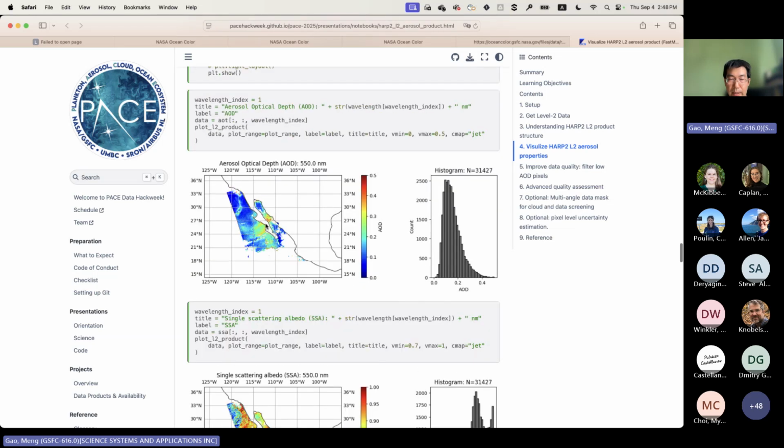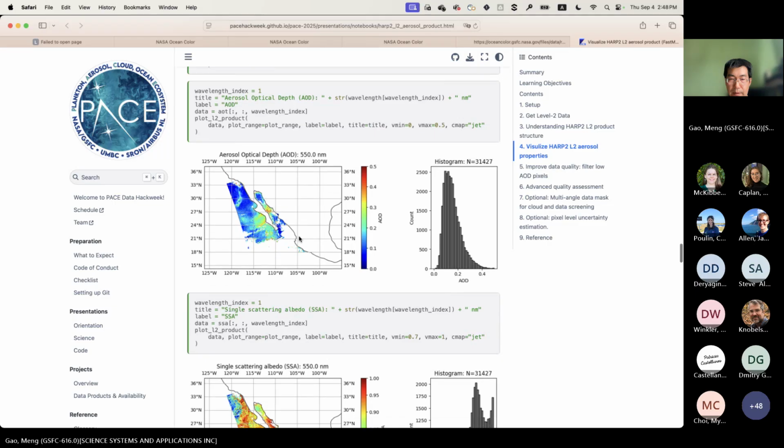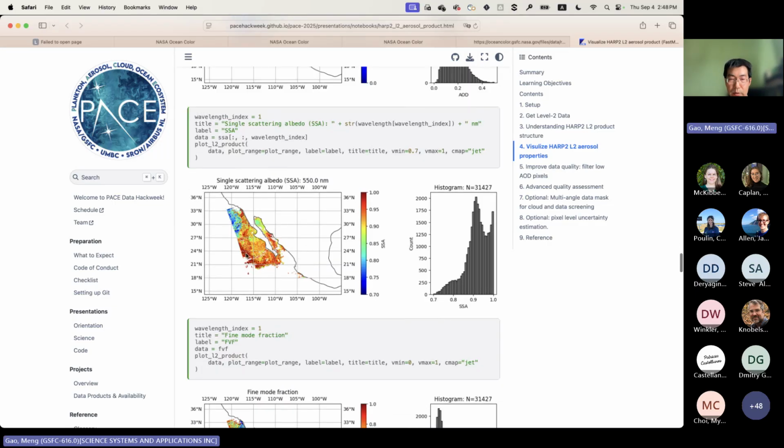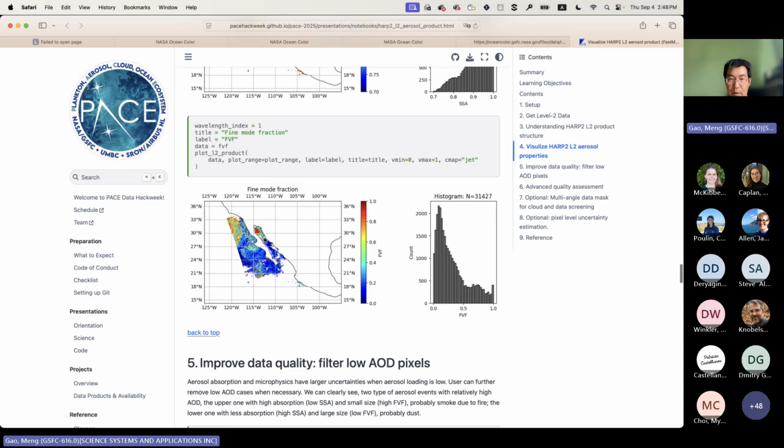This is exactly the same plot Kirk has shown. We have the smoke here due to the wildfire, and we have a dust event. Here is the single scattering albedo, which includes everything. You can see in this part we don't have much absorption, and in this part we have more absorption. And here is the fine mode fraction: more fine mode in this area, less in this area.